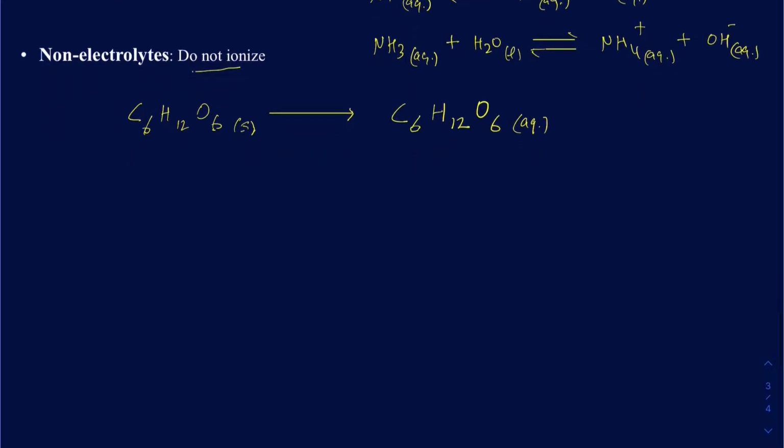So what are some examples of non-electrolytes? Well, sugar, a lot of sugar molecules. You can talk about glucose or sucrose. They all dissolve in water. And you can also have some covalent compounds that are polar. So we can talk about polar covalent compounds.